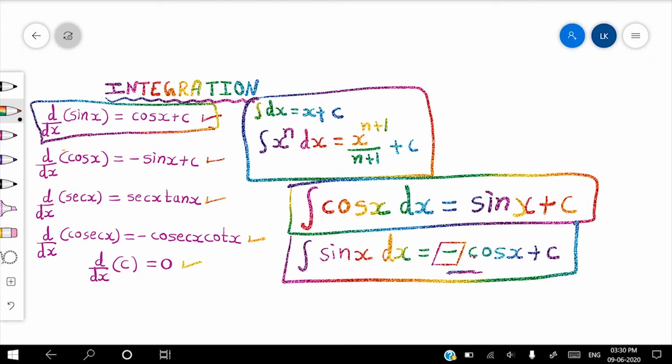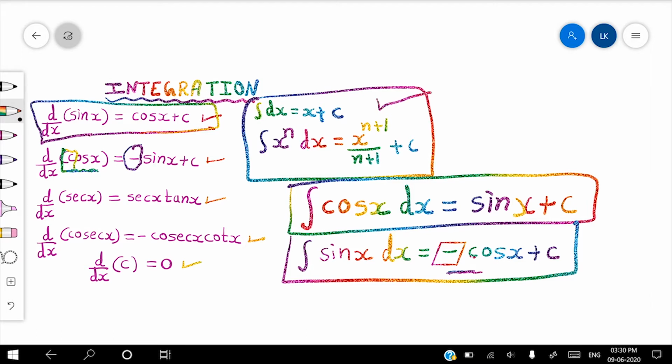Okay. Similarly, in the derivative, whenever in the question the first letter is c, c is the first letter of cos x, similarly cosec x and cot x, at that time in the derivative of the function of cos or cot or cosec, in the answer, the sign must be minus. Okay?